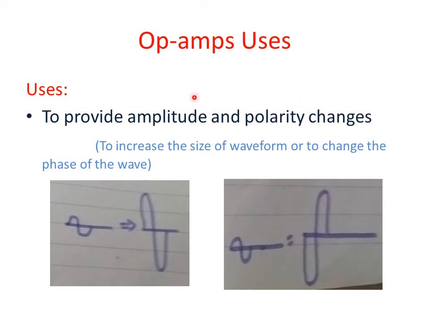So we can say that the operational amplifier can help us to increase the amplitude of the input waveform, as well as change the polarity of the input waveform. Okay, how it does these things we will be studying in detail in forthcoming slides.